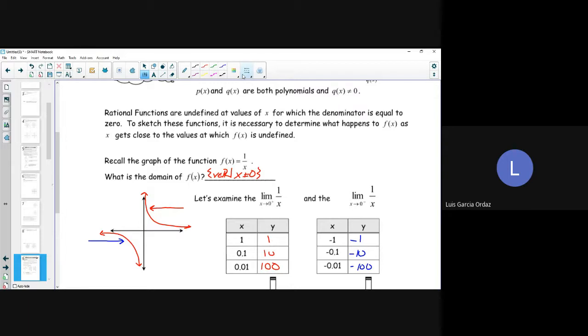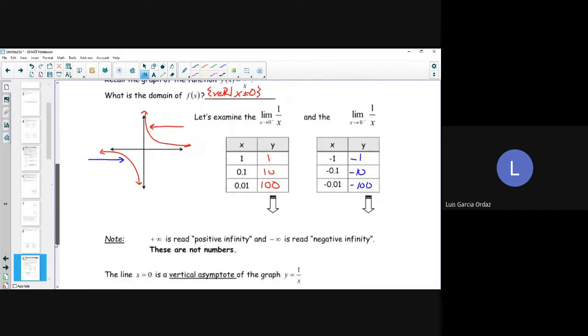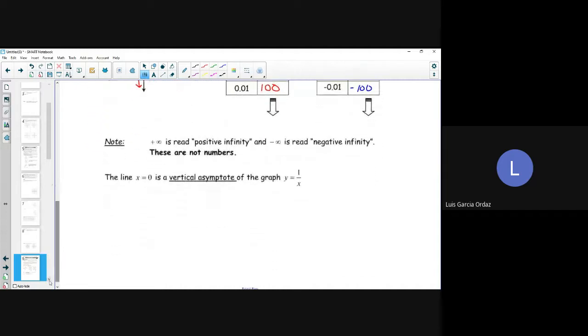So we can come to the conclusion that the line x is equal to 0 is a vertical asymptote of the graph y equals 1 over x, because as x approaches 0 from the right-hand side of f of x, my y values approach positive infinity. And as x approaches 0 from the left of f of x, it is approaching negative infinity.